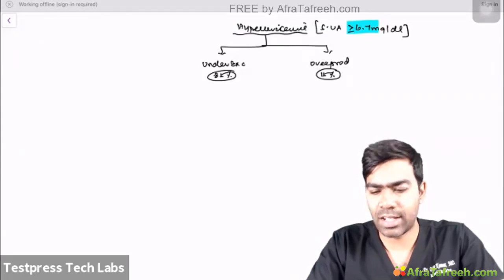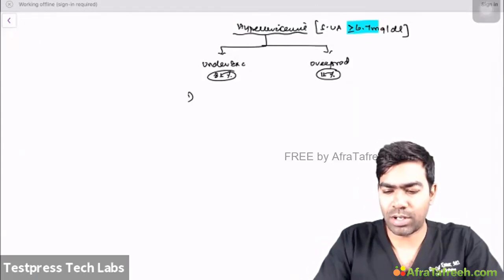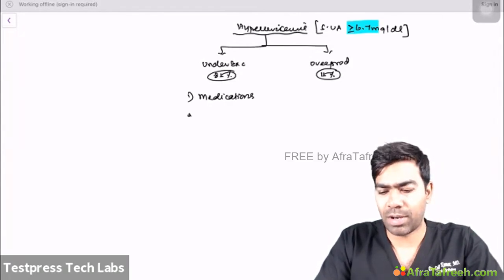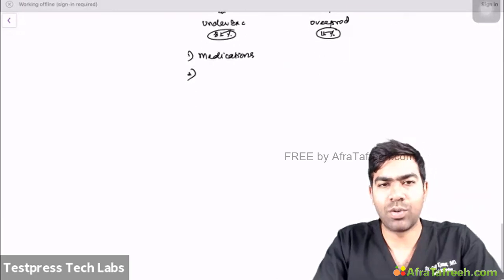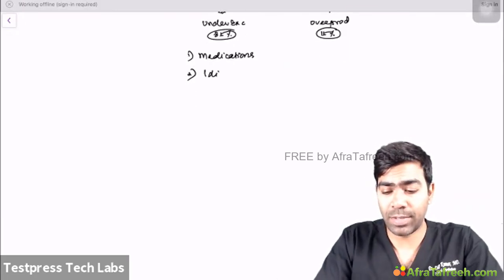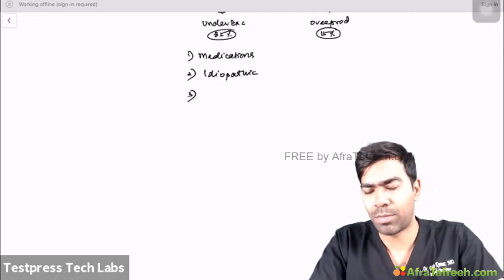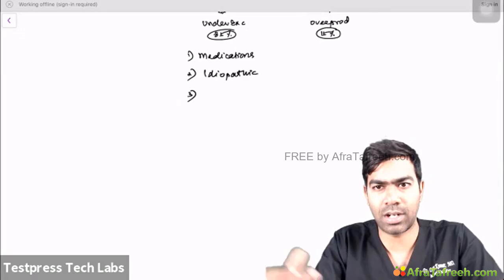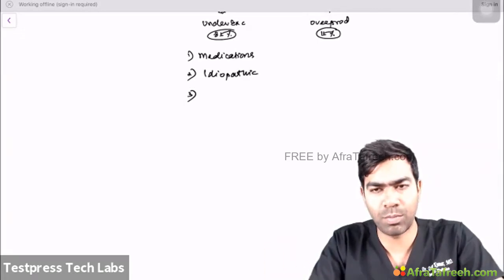As far as the underexcretors are concerned, the most important reason will be some medications, which we'll be talking about in some time. Apart from that, many of the cases will be idiopathic, which means we don't know why they are underexcreting uric acid. There might be some problems in the urate transporters, which are reabsorbing more uric acid from the urine.